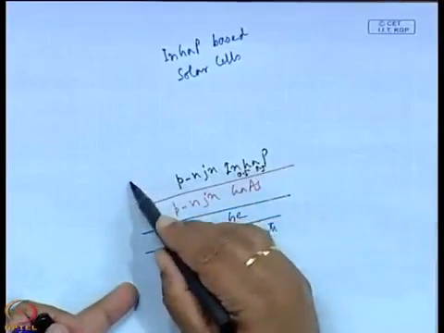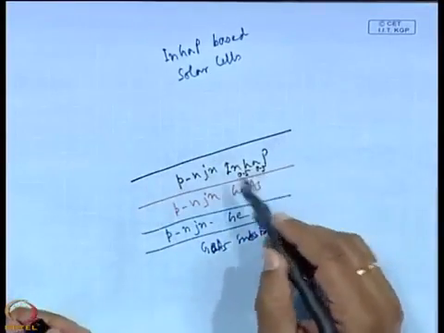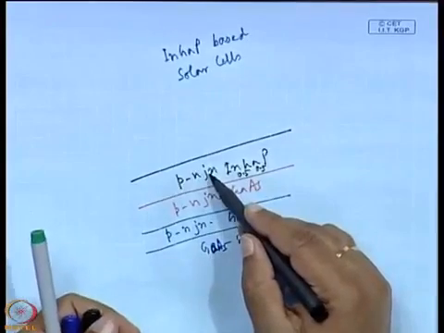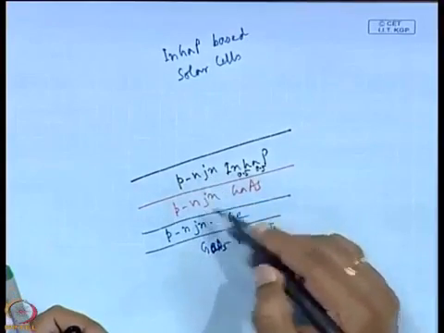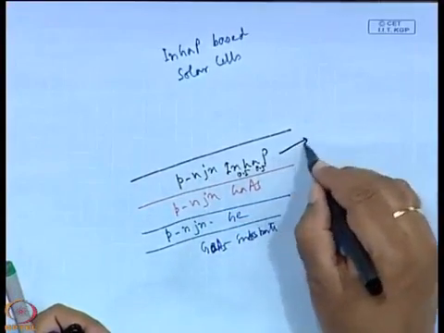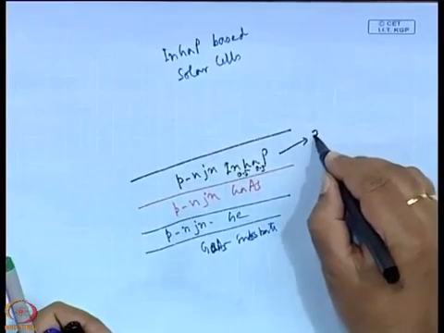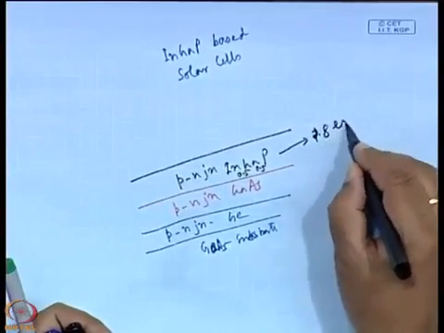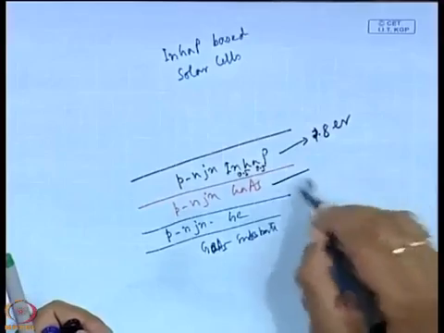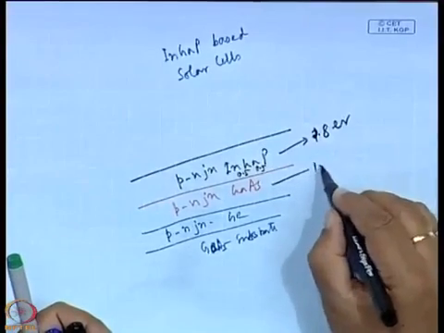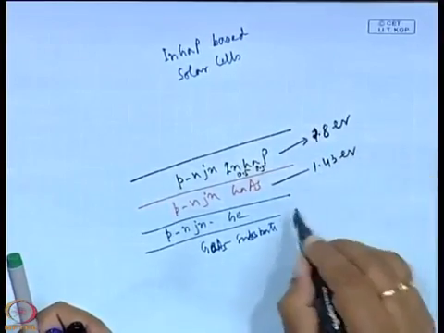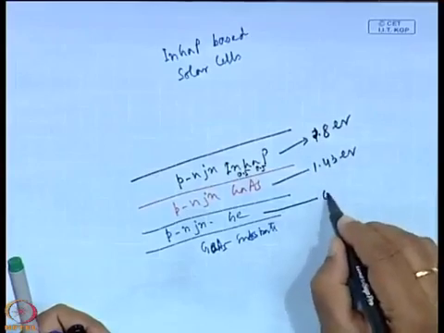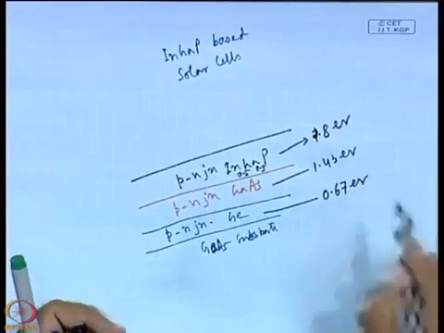So, it is okay. And then you will find that there are 3 p-n junctions. One is indium gallium phosphide, its band gap is almost 1.8 electron volt. Then gallium arsenide, its band gap is 1.43 electron volt, and finally germanium, its band gap is 0.67 electron volt.